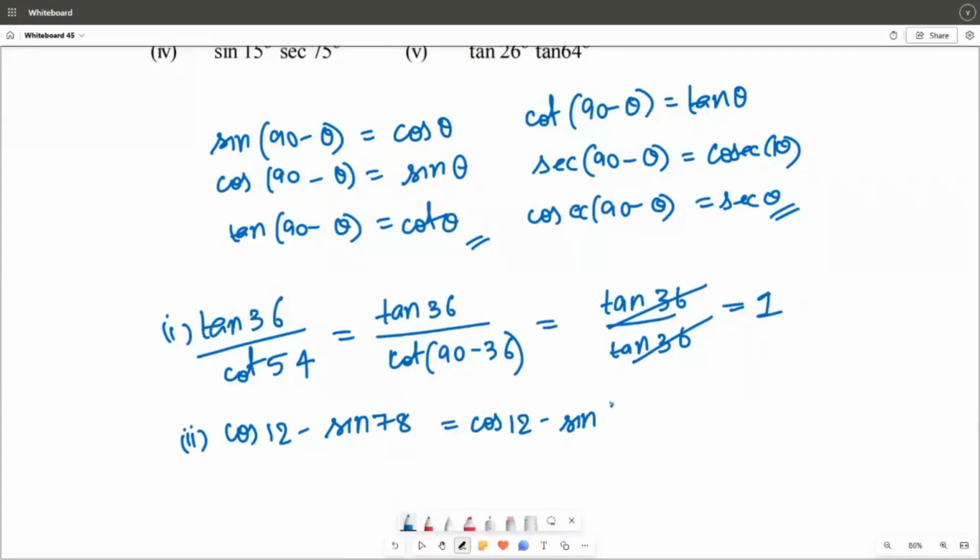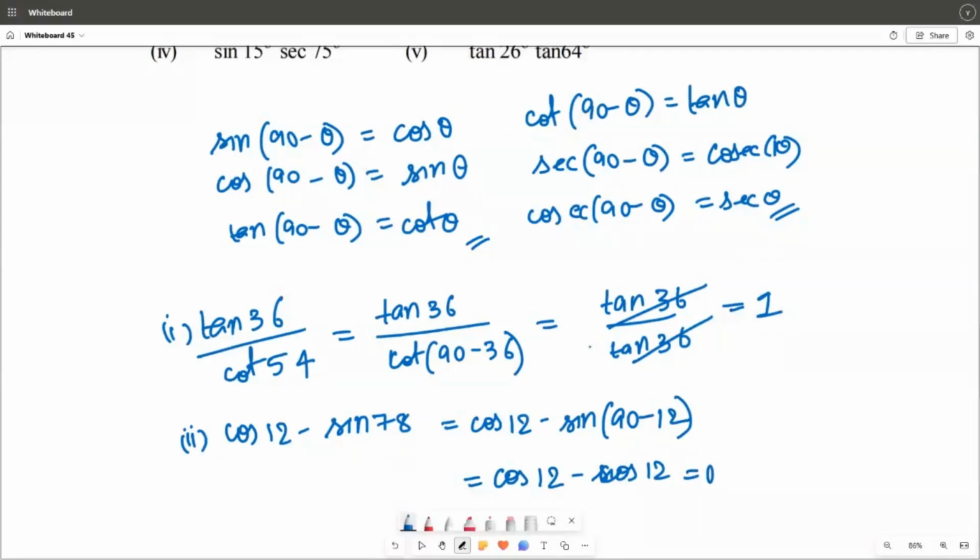So this will be sin 90 minus 12, and we know that sin 90 minus theta is equal to cos theta. Therefore cos 12 minus cos 12 would be 0.